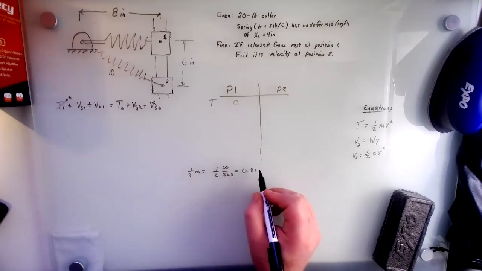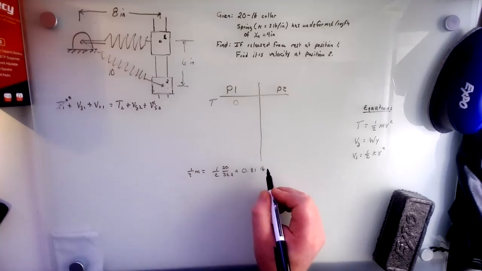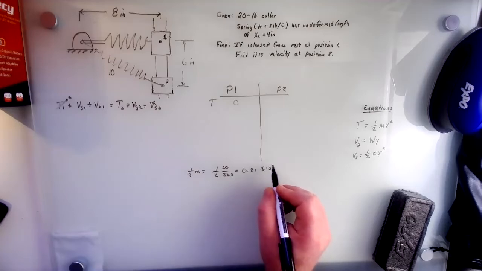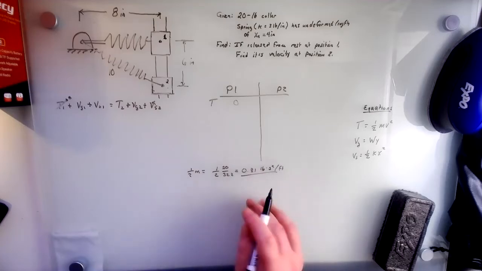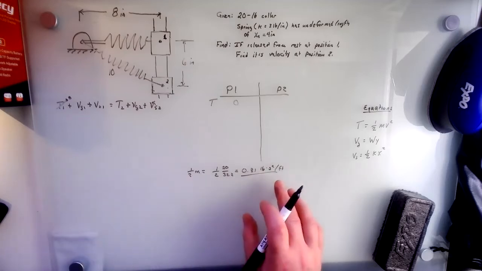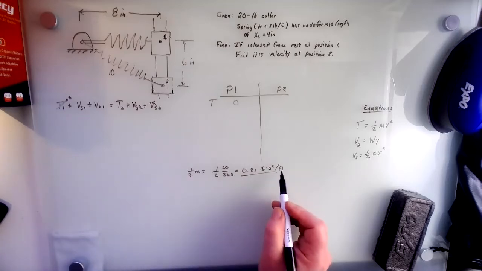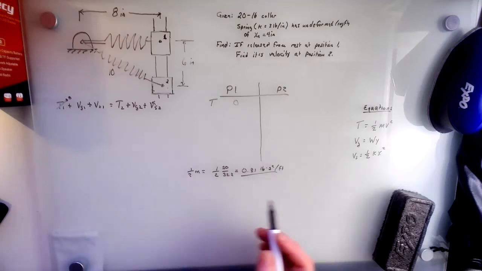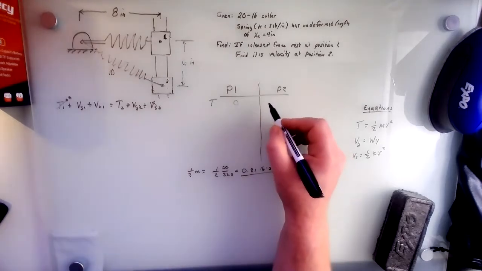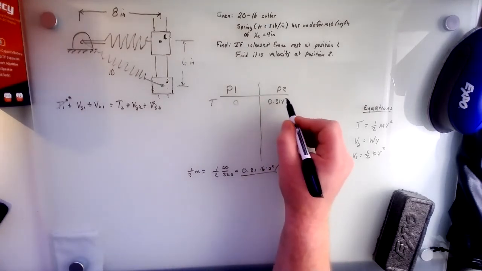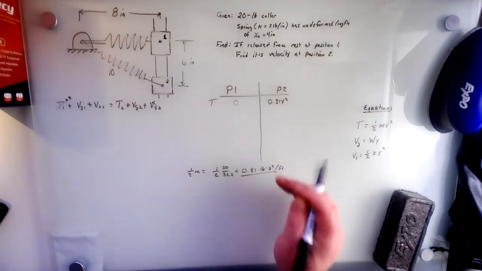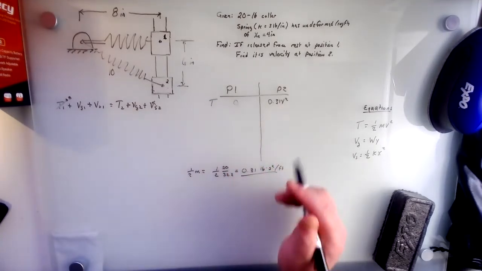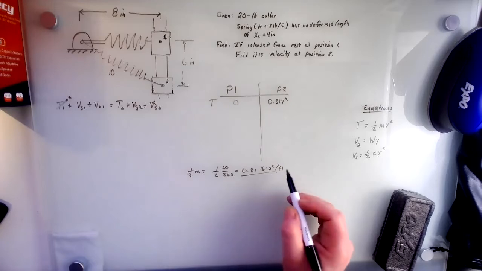And the units here are pound times second squared over feet. The important thing to note here is that these are feet. That is a meaningful distinction. So this is 0.31 v squared, and the units of v are feet squared over second squared.